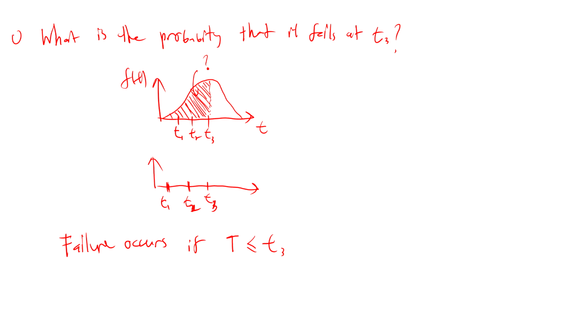So the question here is what is the probability that it fails at T3. It occurs if the time to failure is less than T3. This is another way to explain why the probability of failure at T3 is equivalent to the shaded area under the curve.